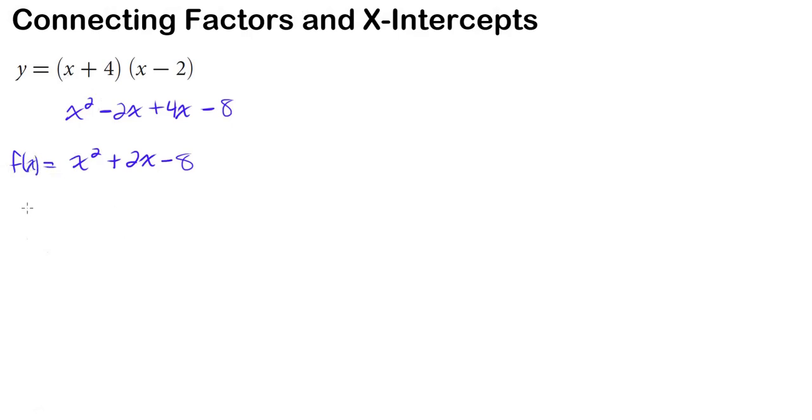Then I'm going to have g of x equals x plus 4, and h of x equals x minus 2. We're going to graph these three functions so that we can see the relationship between the factors and the quadratic function, and how the x-intercepts and the zeros are related.